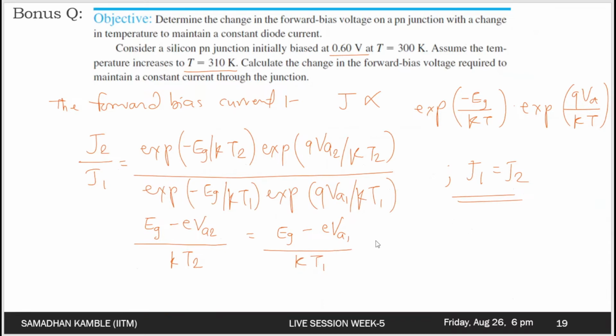So we know that for T1 equal to 300 Kelvin and T2 equal to 310 Kelvin, Eg is simply 1.12 electron volt and VA1 is 0.6 volt.